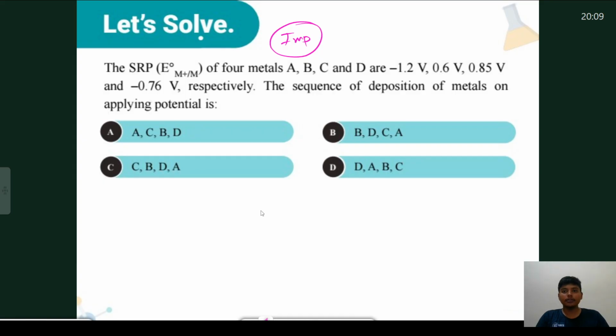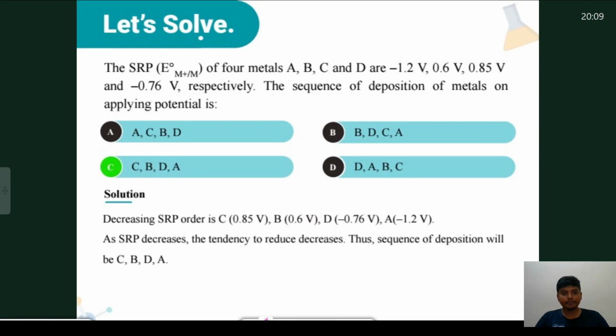Option C. Simply, who has high SRP? High SRP deposits first. Yes or no? So obviously C has high SRP, then B, then D, then A. So C will deposit first. Clear? Understood, others? Then put a thumbs up.